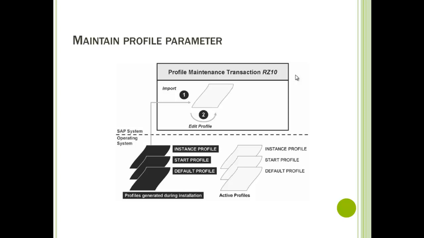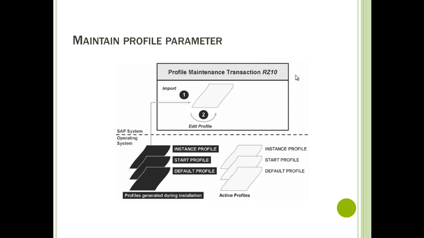We also saw that profile parameters can be maintained in the operating system, which is quite dangerous. However, maintaining in SAP is quite easy. It has a lot of advantages.